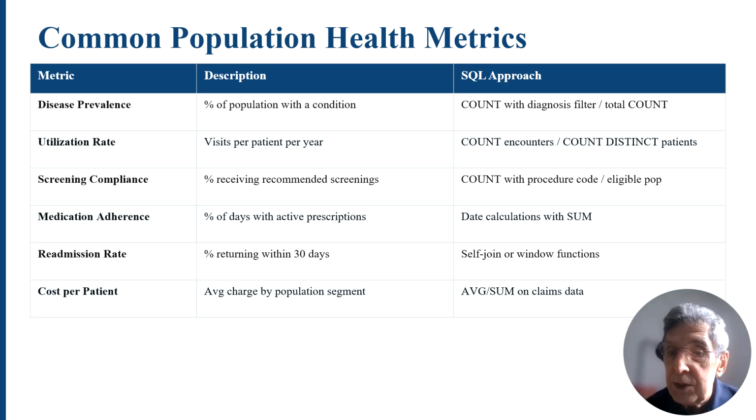Then readmission rates tracks patients returning within 30 days of discharge, typically calculated with a self-join on the encounters table. And cost per patient uses average or sum on claims data, grouped by population segments.